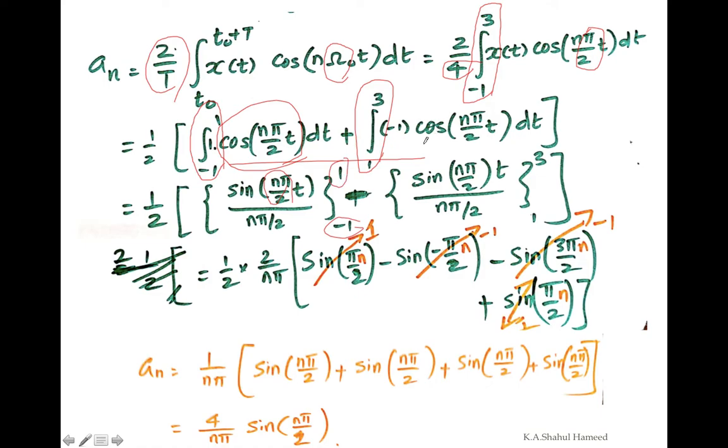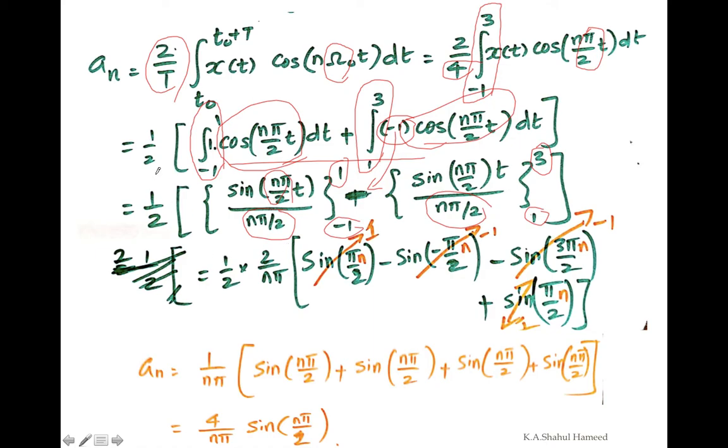Similarly, when you integrate this, you will get sin n pi by 2 t divided by n pi by 2, and here the minus 1 will come out. After integrating we have to substitute the upper and lower limits. When you take n pi by 2 as common, I am going to take this outside.